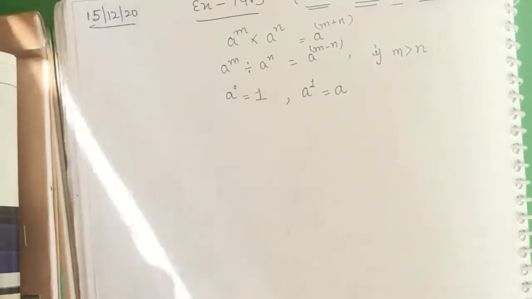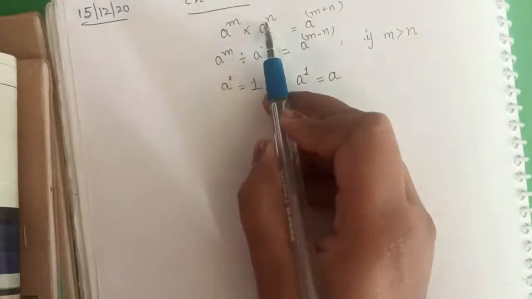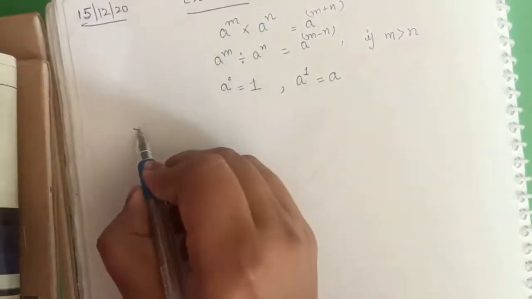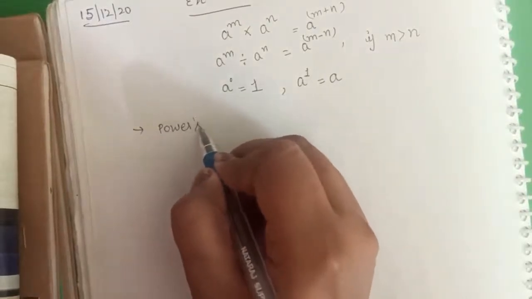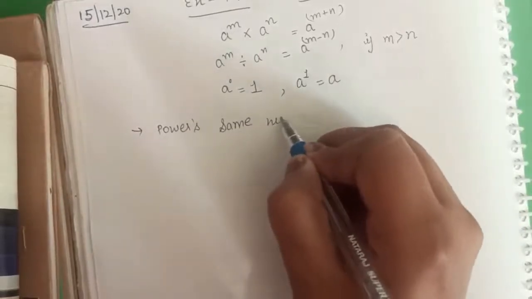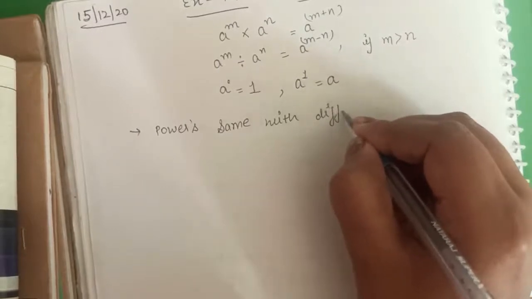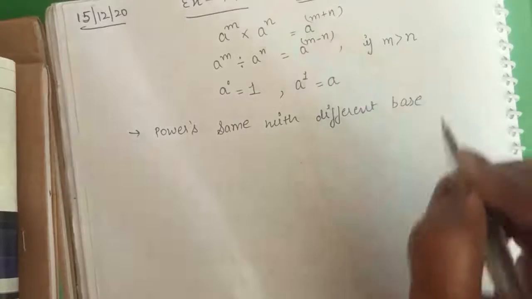But in these laws, the difference is that the powers are same, the base will change. Powers same with different base, right?